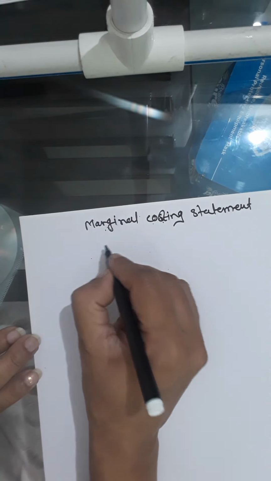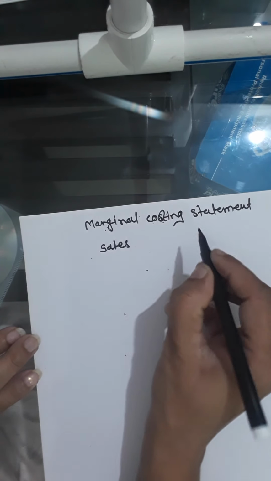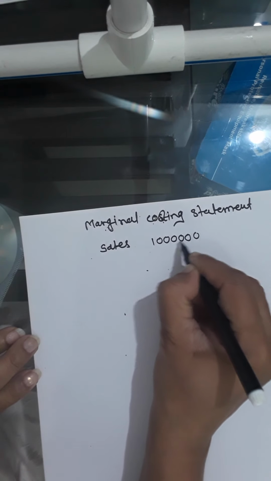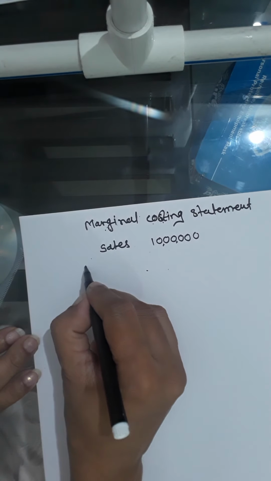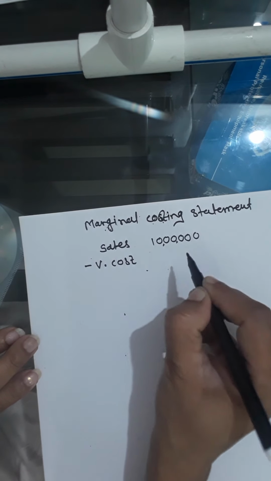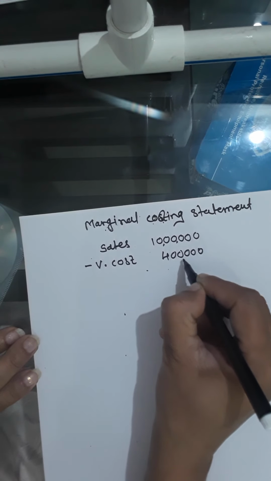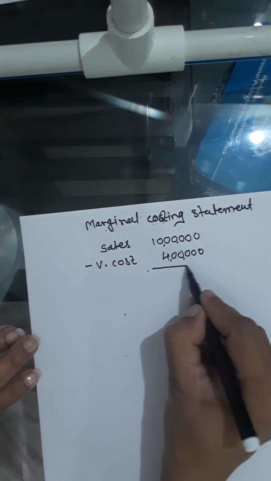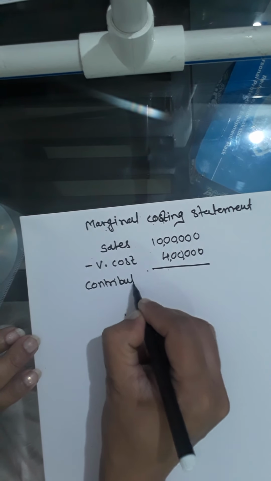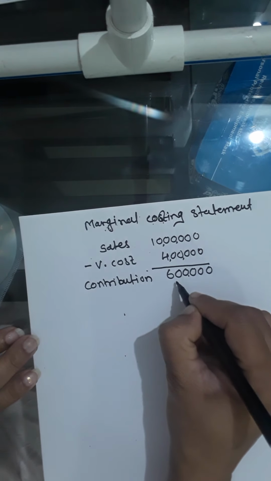We deduct variable cost from sales. So we'll take first sales, that is rupees 10 lakh. We'll deduct variable cost from that sales. Given variable cost is rupees 4 lakh. So the contribution we got is 6 lakh rupees.